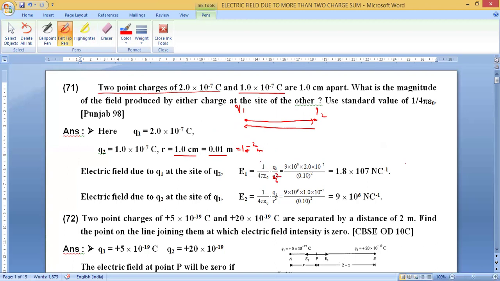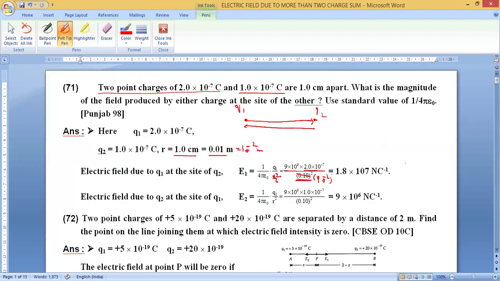Here 1 by 4 pi epsilon 0 is K, so 9 into 10 raised to 9 into Q1, which is 2 into 10 raised to minus 7, divided by 0.01 square.